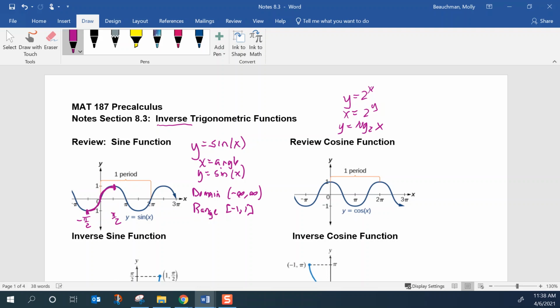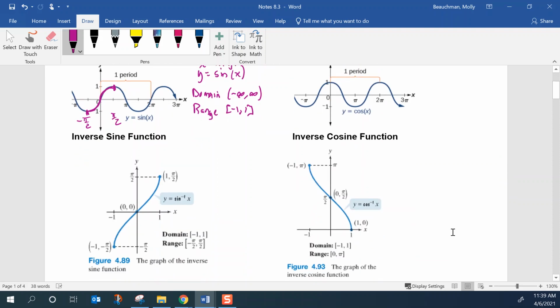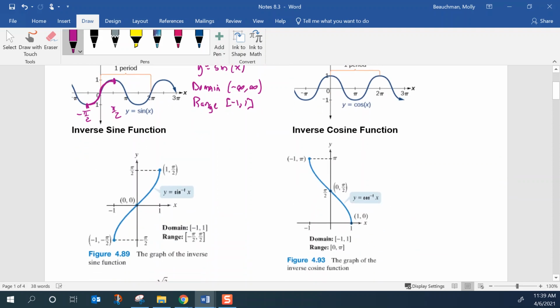If we take the inverse, y is equal to the inverse sine of x, that's the notation. That means now your x values are the sines of the angle, and your y values are now the angles. So we've switched x's and y's.